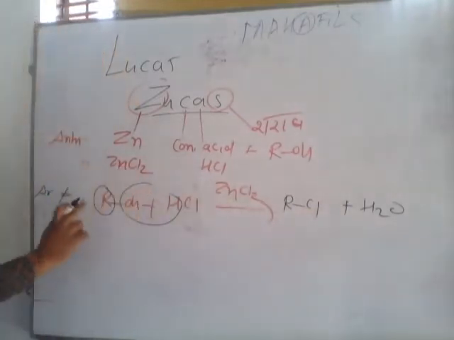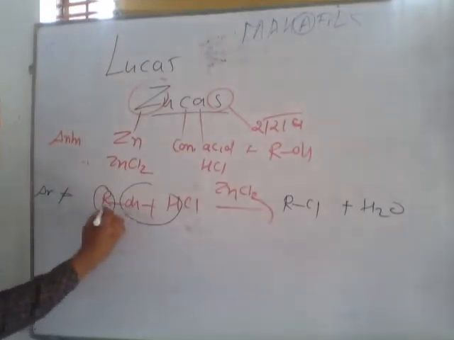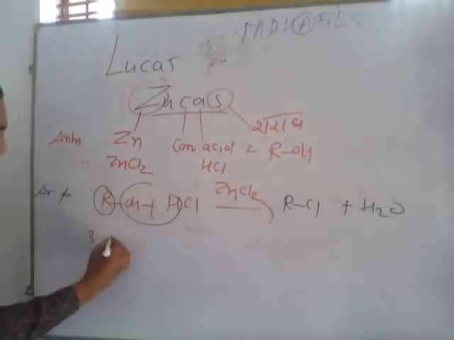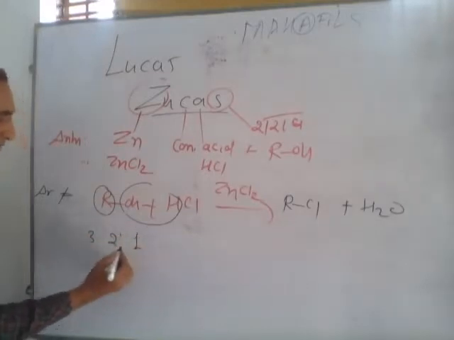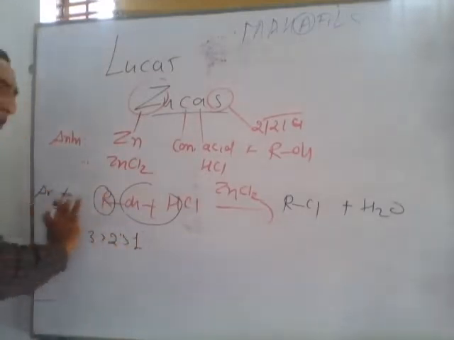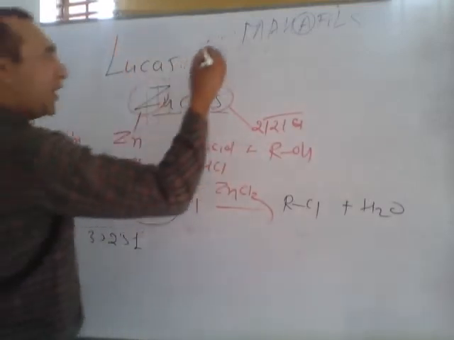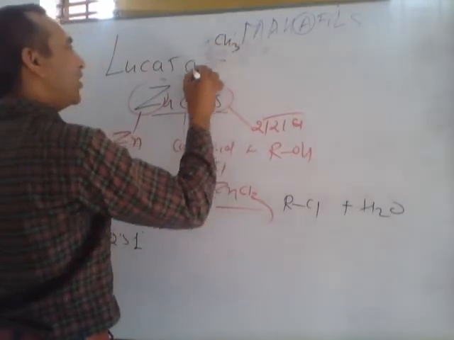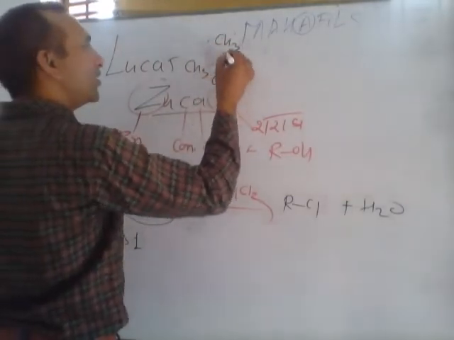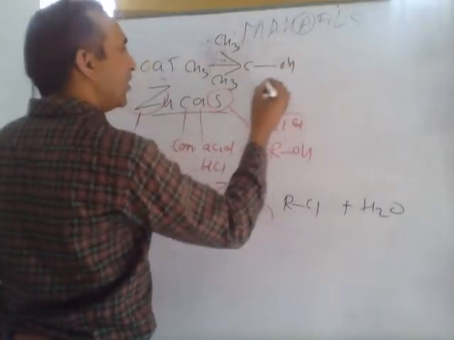We use only ROH. But according to R, alcohols are of three types: tertiary, secondary, and primary. The tertiary alcohol gives this reaction very fast. Do you know the meaning of tertiary? Here CH3, CH3, CH3, C, and OH.